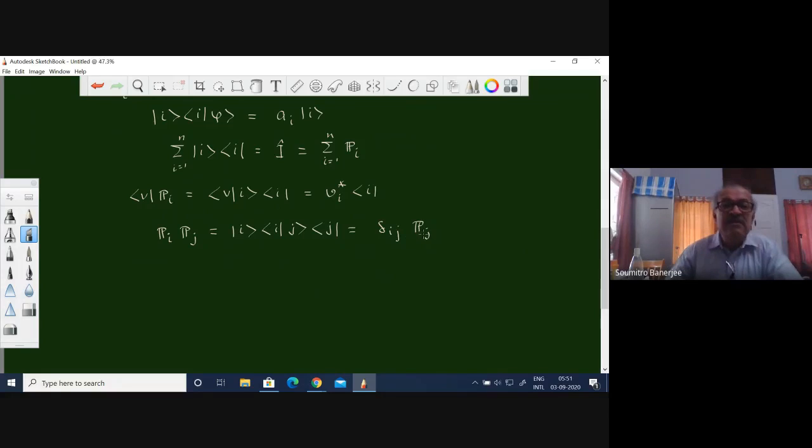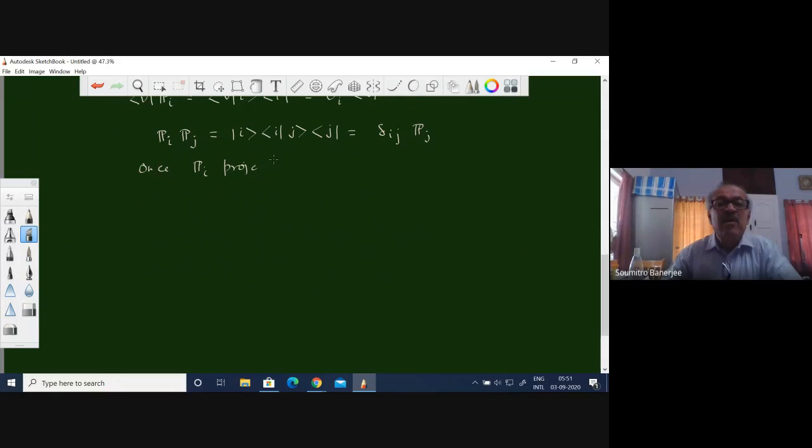What it essentially means is that once, let me write it, pi, sorry, bad handwriting, need some space, pi projects out the part of v along I, any further application makes no difference.